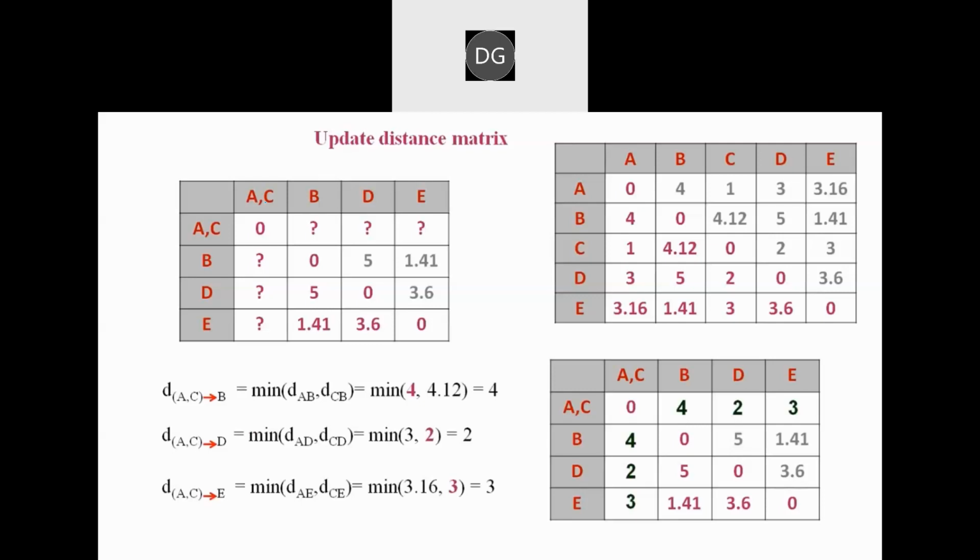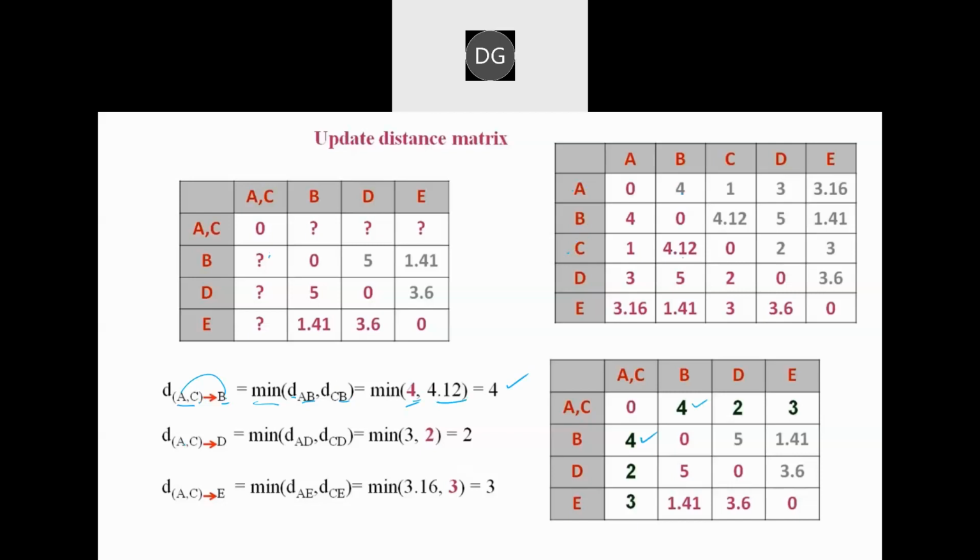From AC, I want to find the distance to B. So I split it into two, the minimum of the distance of A to B and C to B. A to B we know is 4, and C to B is 4.12. Which is the minimum value? 4, right? So I will take 4. So we got 4 here, and here also 4.